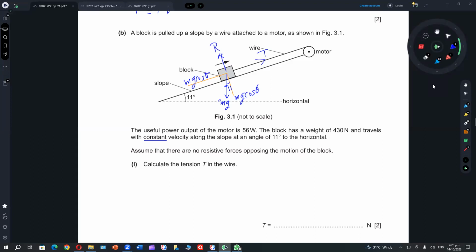He says velocity is constant, weight is given as 430 Newton. As the weight is given, I can use W directly.